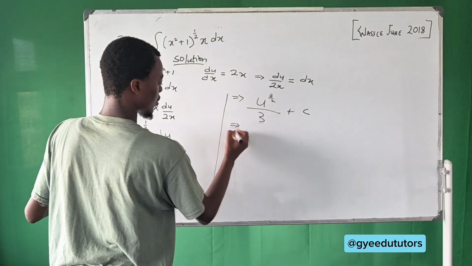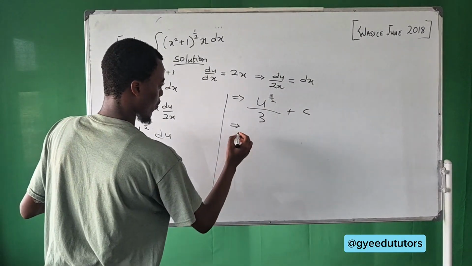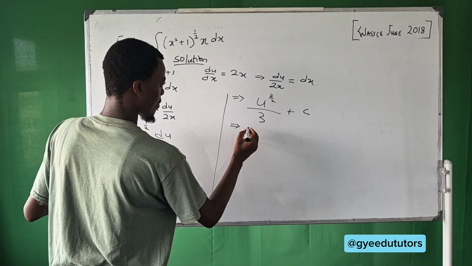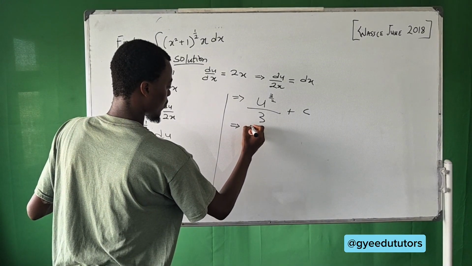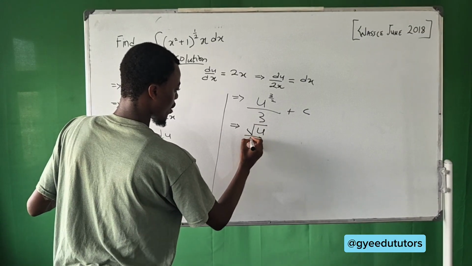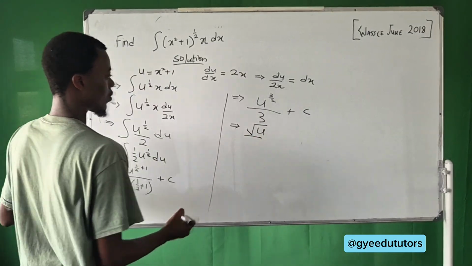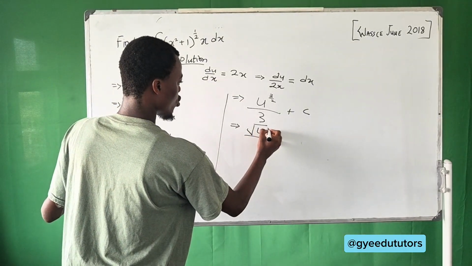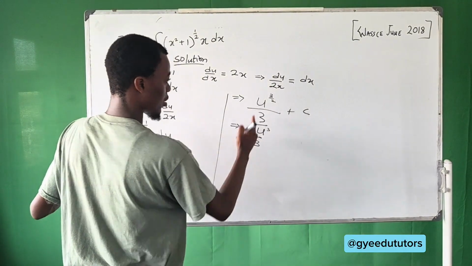So now this is the same as root of u cube over 3.